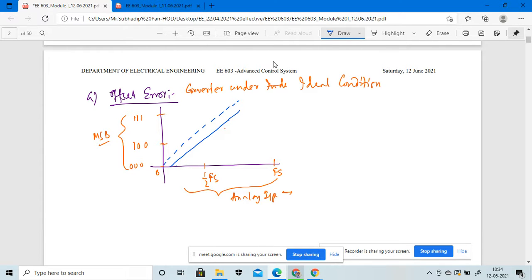So this will be called an offset error. Okay, that occurs due to the ideal condition of my A to D converter.